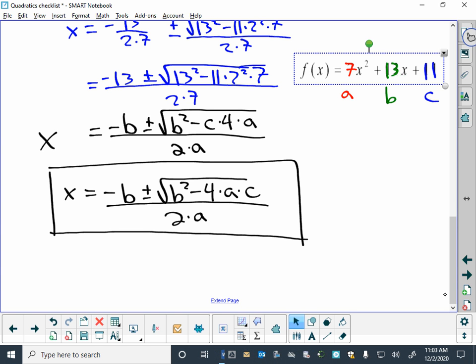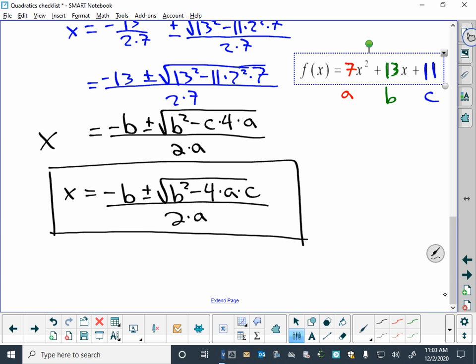So this now, if I just have my standard form equal to 0, because I'm trying to find the x-intercepts, and I grab the coefficients from the standard form, what the A, the B, and the C are, and I put them into this equation, that should take me directly to the answer without having to do all of the completing the square.